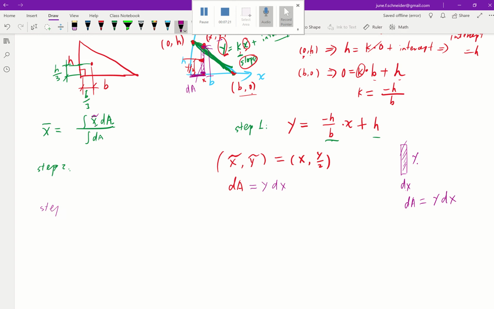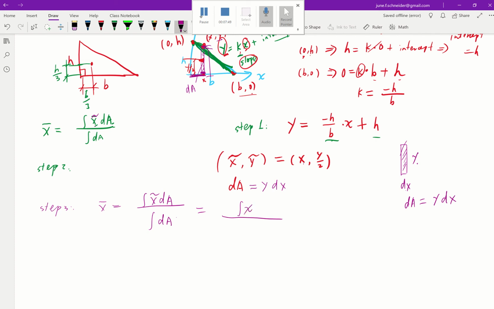Our step 3 is x bar is going to be the integral of x tilde dA over the integral of dA. Integrate all the area, and the numerator is x tilde dA. X tilde for this particular problem, we already know, is going to be equal to x.